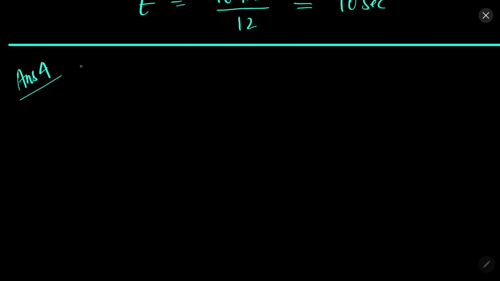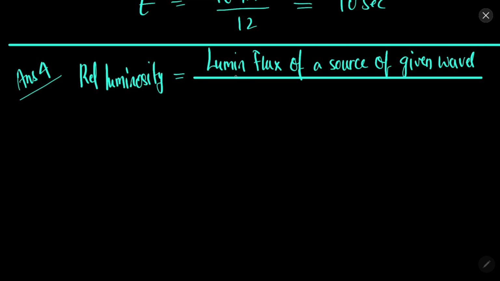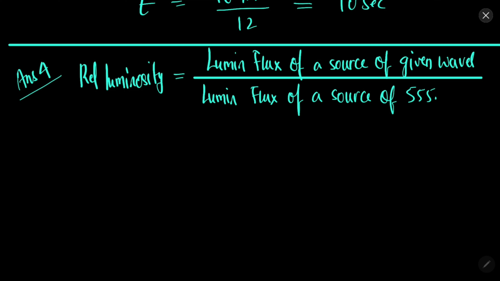So what is the formula for relative luminosity? Relative luminosity will be equal to luminous flux of a source of given wavelength upon luminous flux of a source of 555 nanometer of same power.